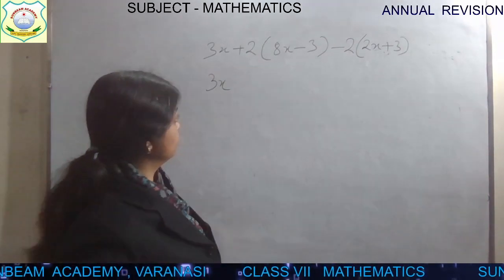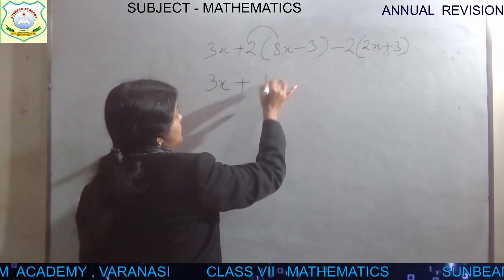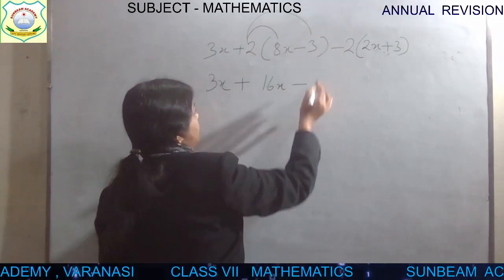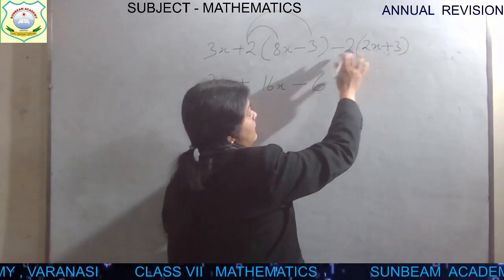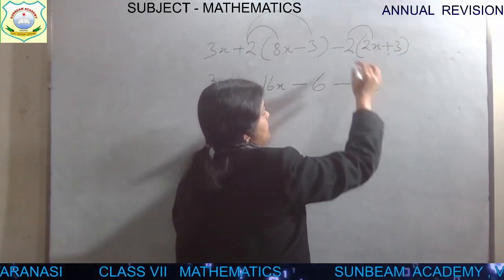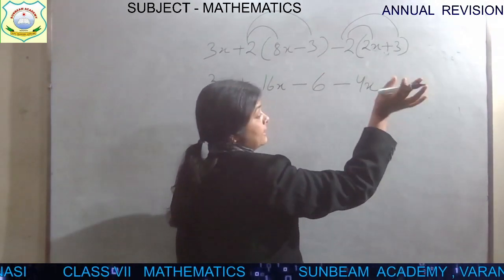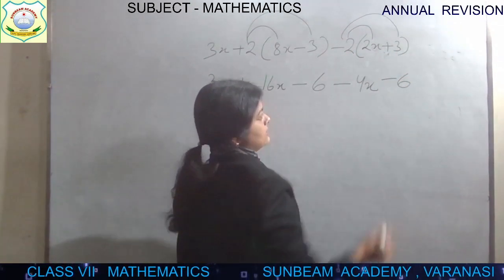Plus 2, the outer one. 2 will multiply with it. 2 8s are 16x, and plus minus will become minus. 2 will multiply with 3. 2 3s are 6. Then again minus plus will become minus. 2 will multiply with 2. 2 2s are 4x. Again 2 will multiply with 3, but minus plus, first of all write down the sign. Minus plus is minus. 2 3s are 6.